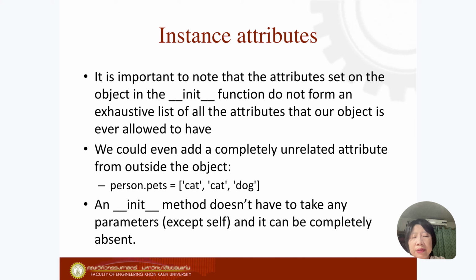It's important to note that the attributes set on the object in the init function do not form an exhaustive list of all the attributes that our object is allowed to have. We could even add a completely unrelated attribute from outside the object. And the init method doesn't have to take any parameters except self. So init methods need to have at least one parameter, which is self.